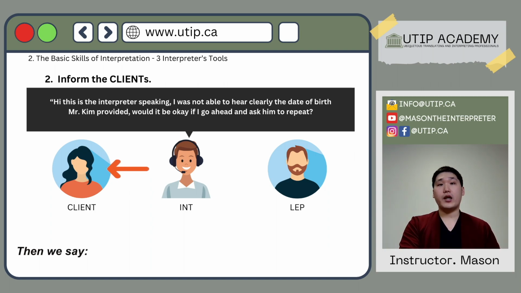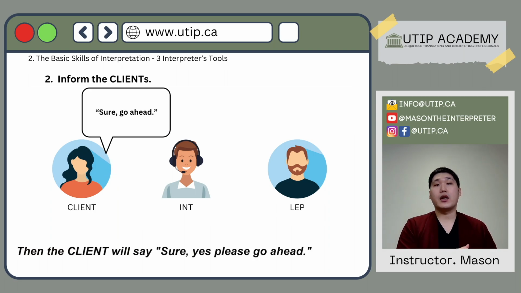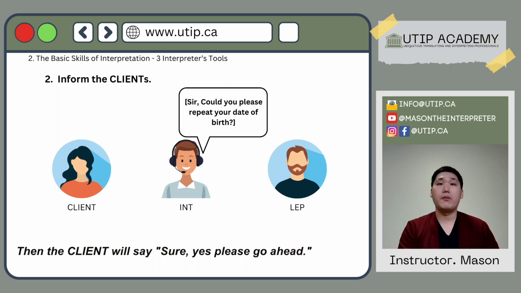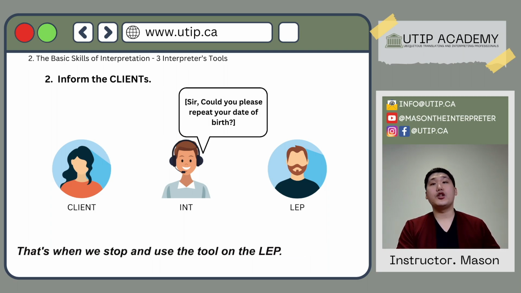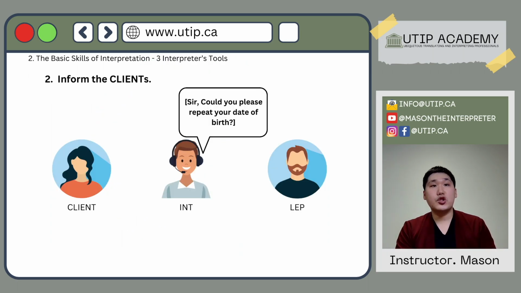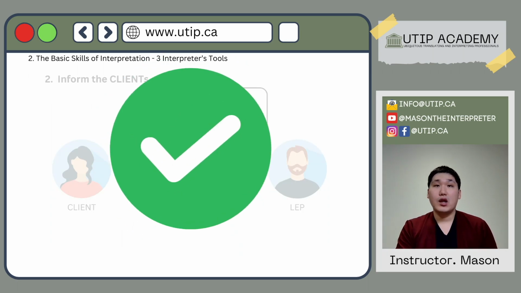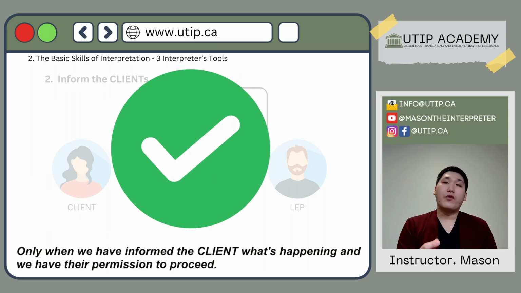Would it be okay if I go ahead and ask him to repeat? Then the client will say, sure, yes, please, go ahead. That's when we stop and use the tool on the LEP. Sir, could you please repeat what your date of birth? Only when we have informed the client what's happening and we have their permission to proceed.